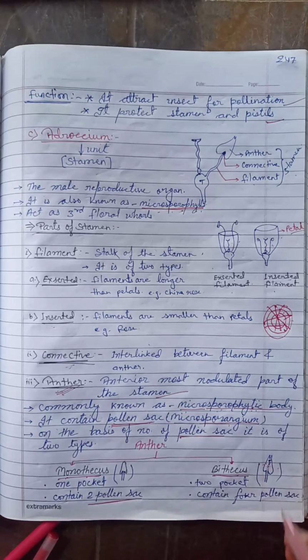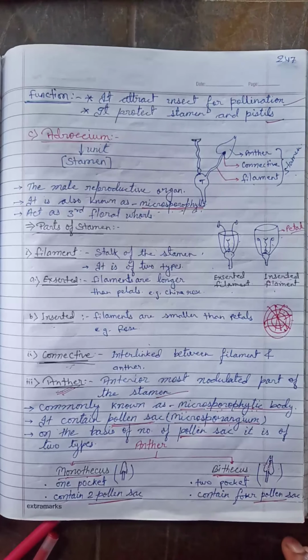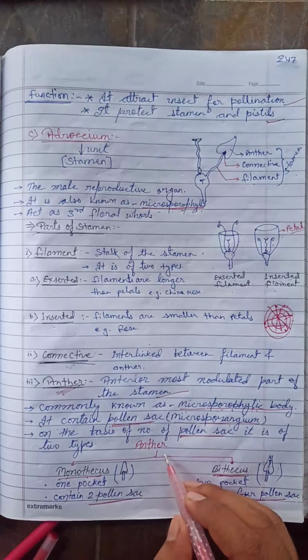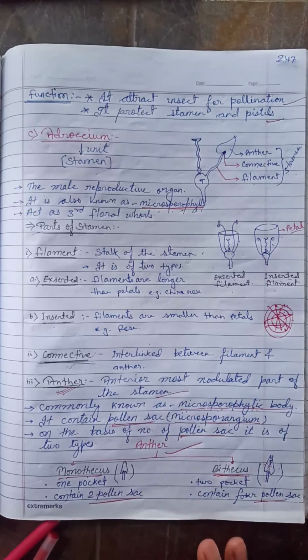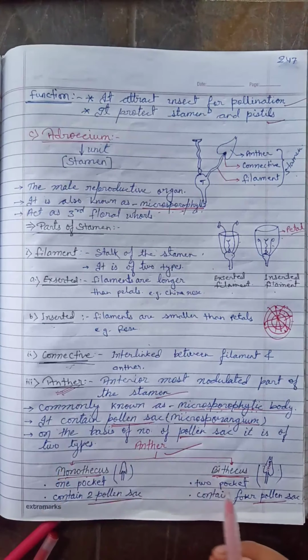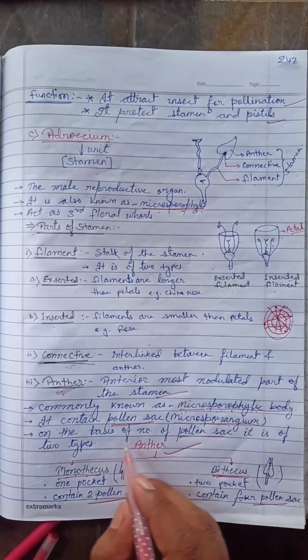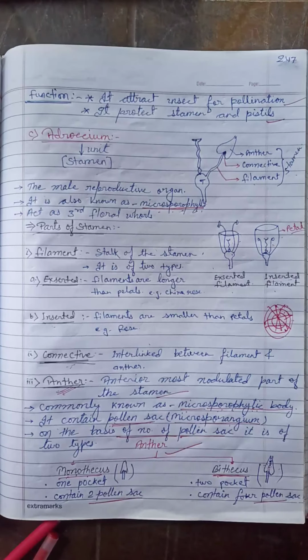That's why it contains four pollen sacs in dithecous. Is it clear? They are structurally different, monothecous and dithecous, on the basis of their number of pollen sacs.